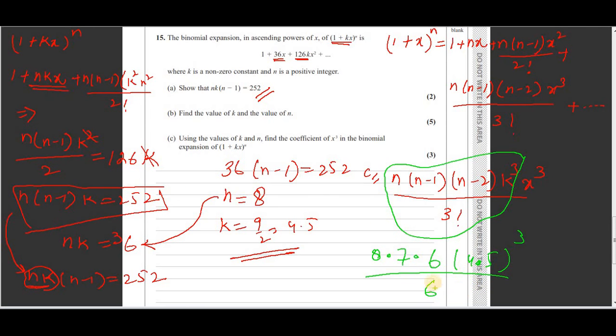If you solve this, you can cancel the 6, take 4.5 cubed and multiply all these numbers, so you have 5103. This is the coefficient of x cubed as your final answer, part C.